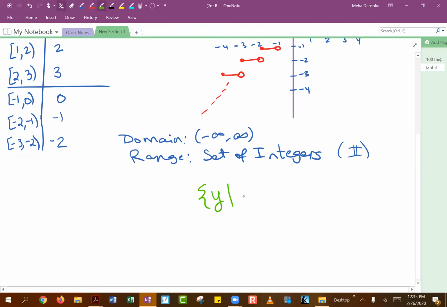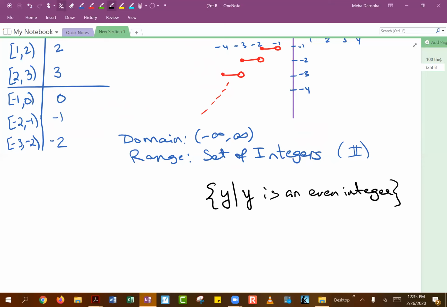So you can say y is an even integer. So you would have to almost define it like that. And we call it set builder because we're saying, okay, y is my variable, but then what does y stand for? Because I don't know if you can really say set of even integers. I don't know. That is a trick question.